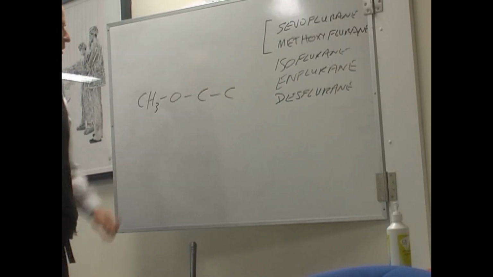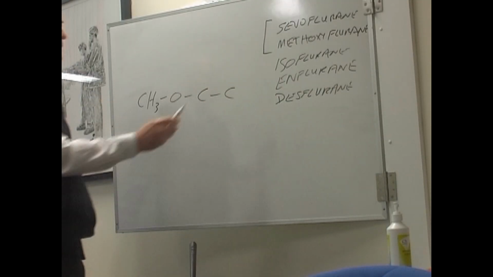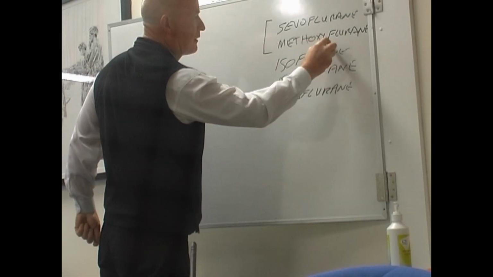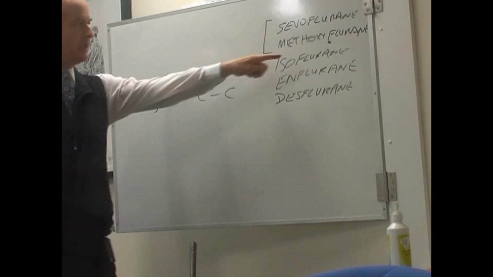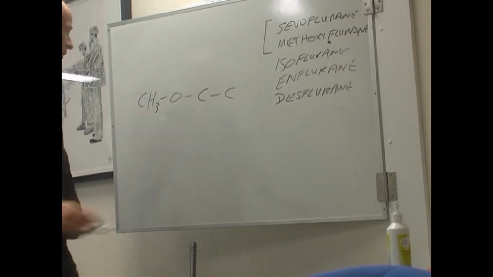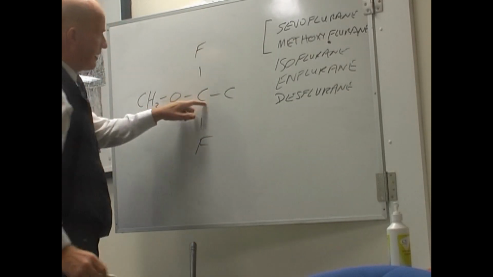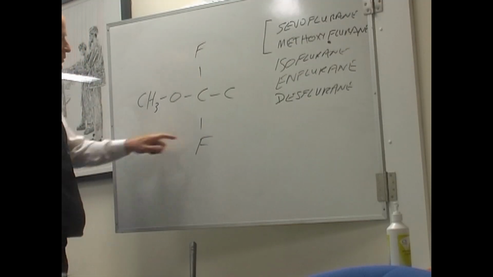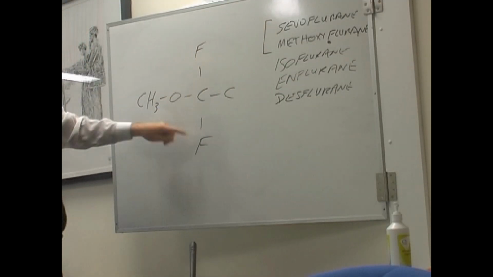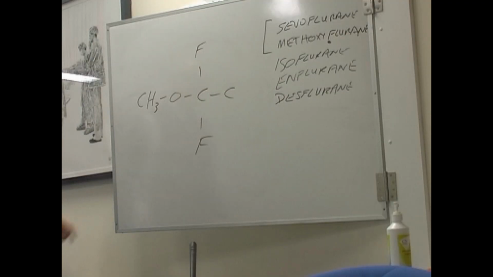So what goes here, what goes here? For methoxyfluorane, the very next letter closest to the methoxy in its spelling is an F. And so that tells you that the closest connection is a fluoride on this carbon. So there's 2 fluorides, because this is one of the symmetrical ones. So whatever's on the top has to be on the bottom.